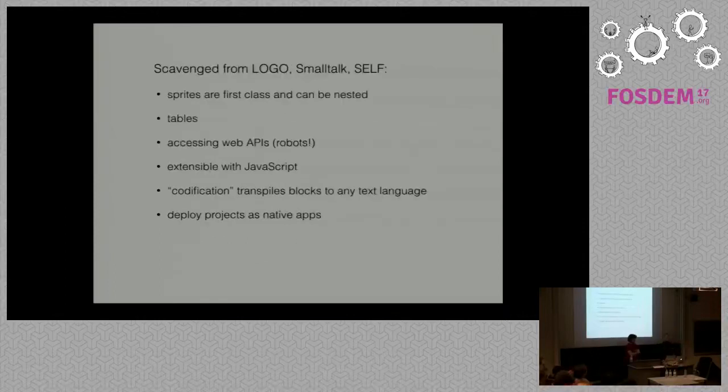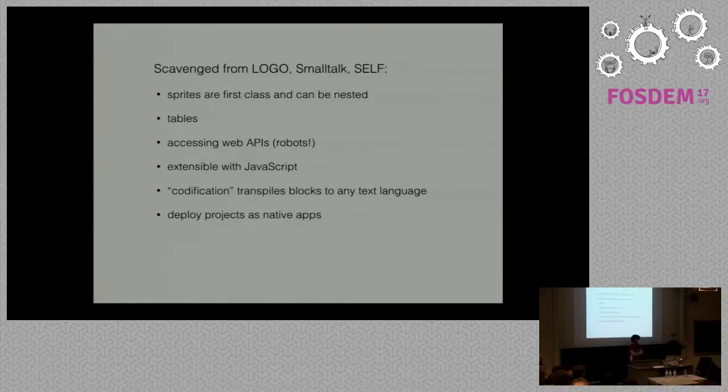So there are some other things that we took from other environments that inspired us, like Smalltalk, Logo, and Self. So we've got more first-class stuff. We've got more ways to work with data. We've got web APIs, so kids can play with robots and drones and stuff.